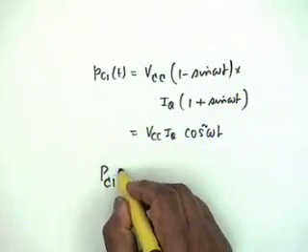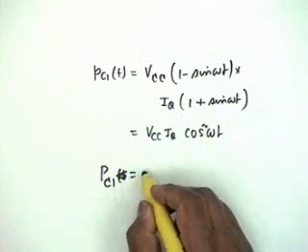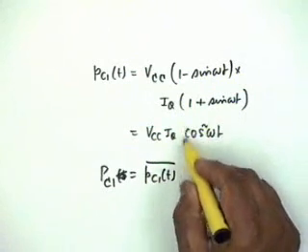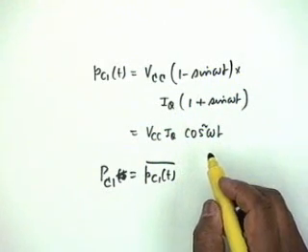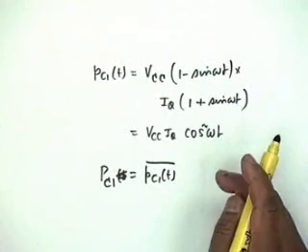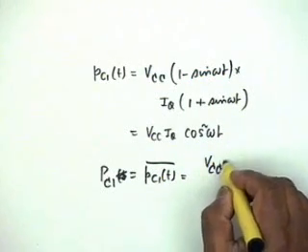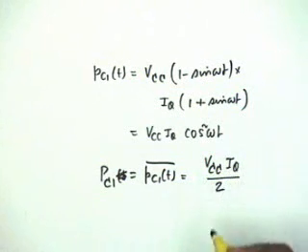And if you take the average value of this PC1, which is PC1T average, if you integrate this with respect to t and divide by capital T, what do you expect? What would be the value? VCC IQ divided by 2. All right.